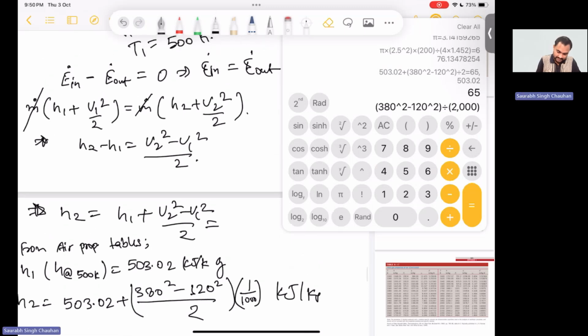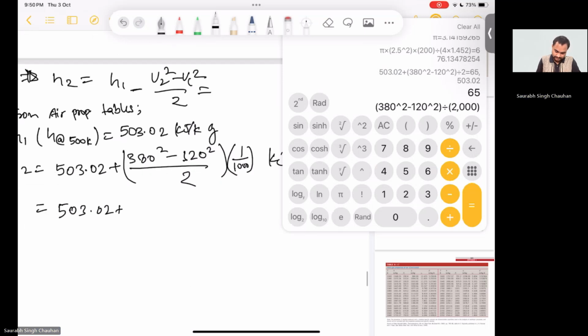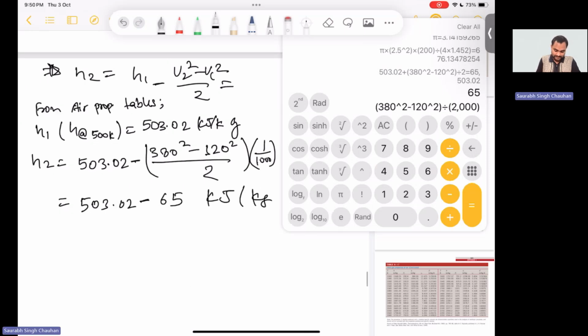And again, we have made one mistake here. There should be one negative sign. This is 65 kilojoule per kg.